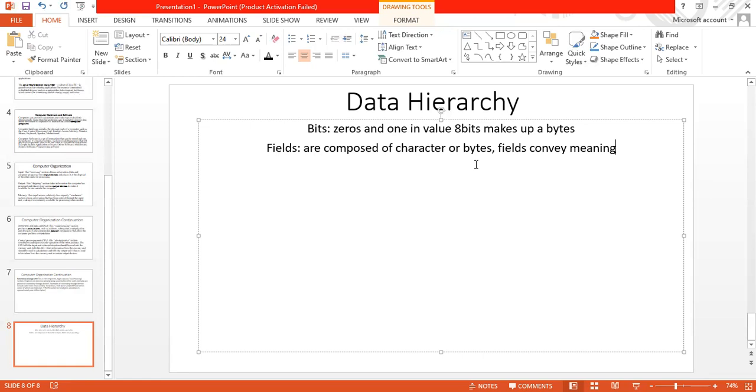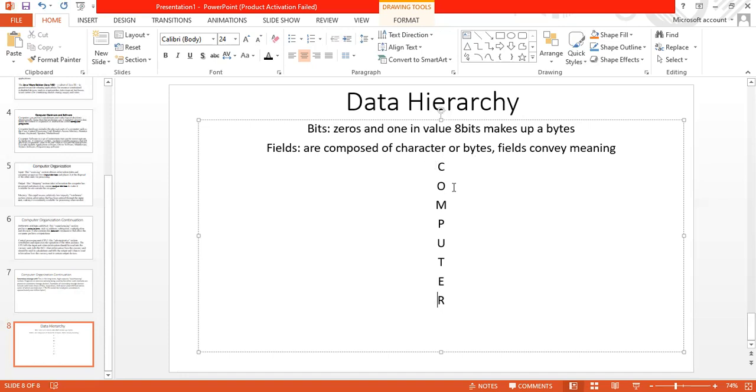So fields are composed of a sequence of characters. Because they convey meaning, we can say, like, computer. In the word computer we have so many characters. Let me space it out for us to see: C is a character.